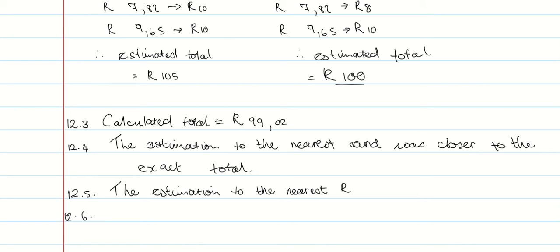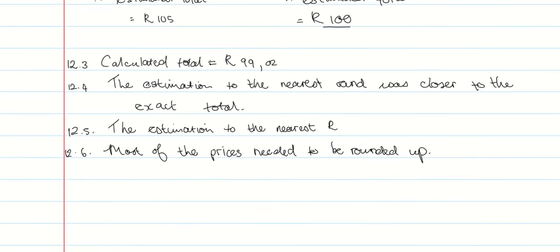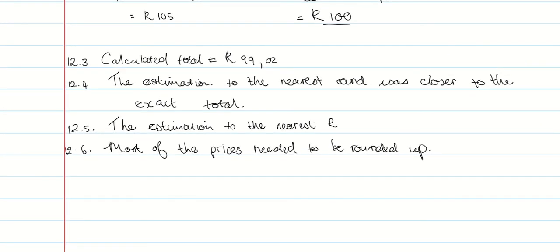Chica says that most of the prices needed to be rounded up, and that's why the estimated totals were higher. Rounded up. Good, so that is question 12.6, and now we're going to question number 13.